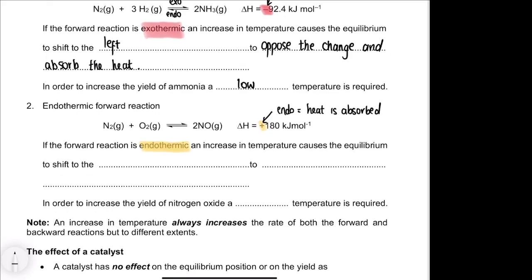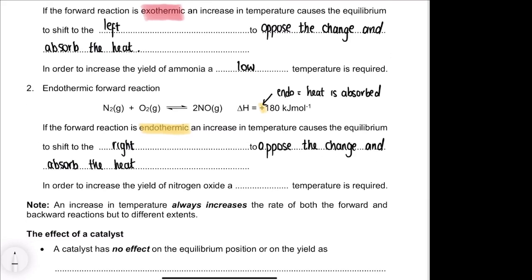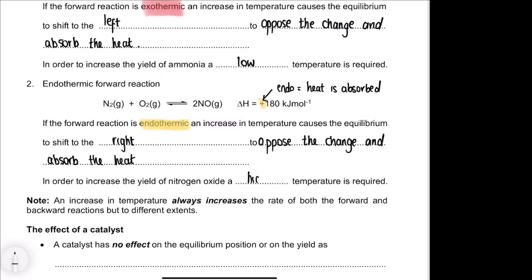So if we were to heat this up, then it's going to shift to the right to oppose the change and absorb the heat, because going right does absorb heat this time. So these reactions, endothermic reactions, will increase yield when we use a high temperature.